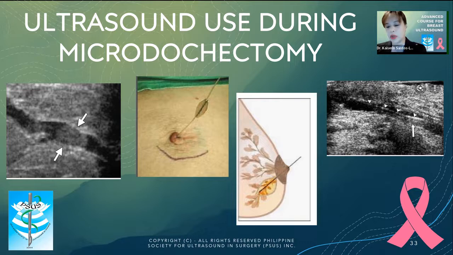We were able to confirm this, and on a nulliparous female still desirous of pregnancy and breastfeeding, it was very important to only excise the target duct with a lesion, and it was achieved by microdochectomy under ultrasound guidance.